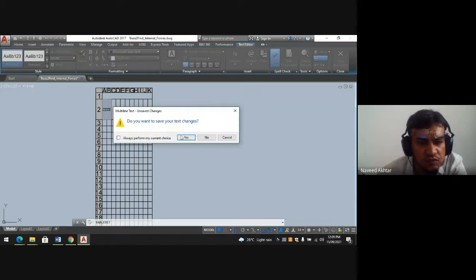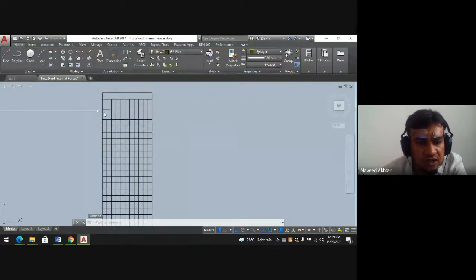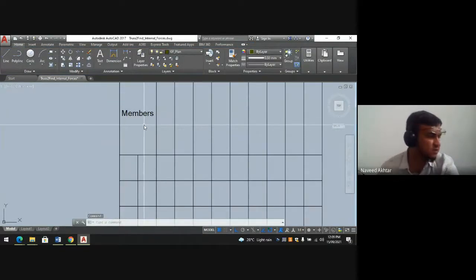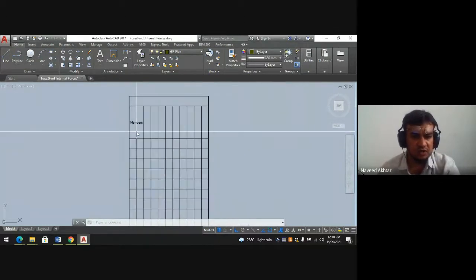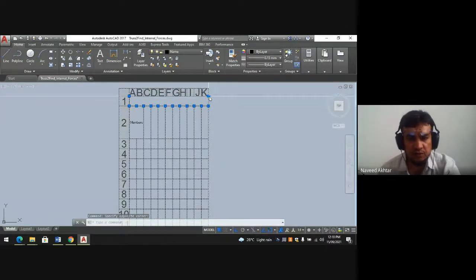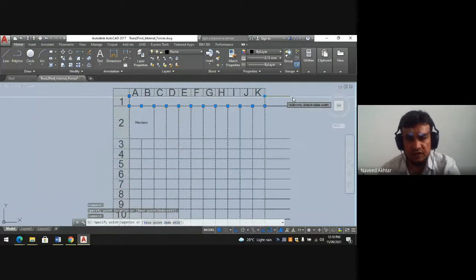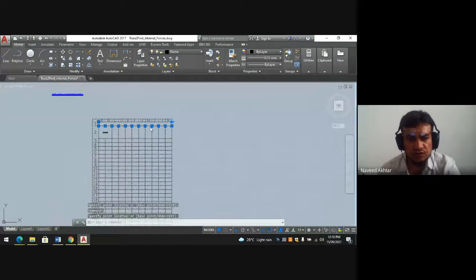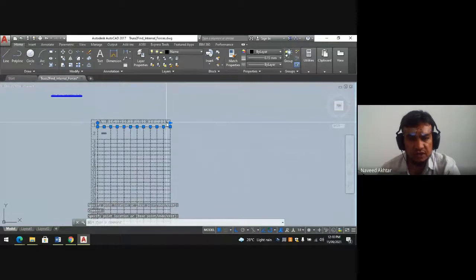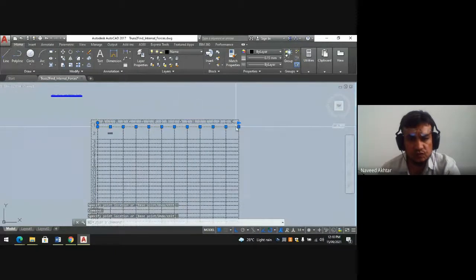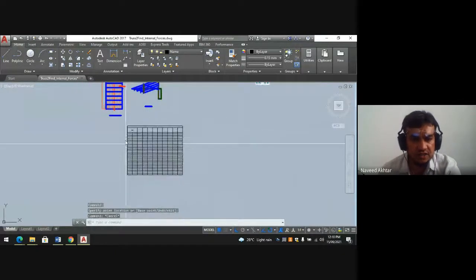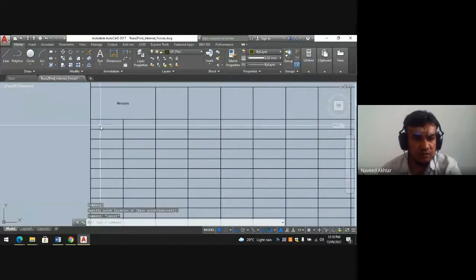This is the members column. Members may be positive or negative. You can increase the width of the column by this arrow. As you drag this arrow, the width of your column increases. Now you can write down members.